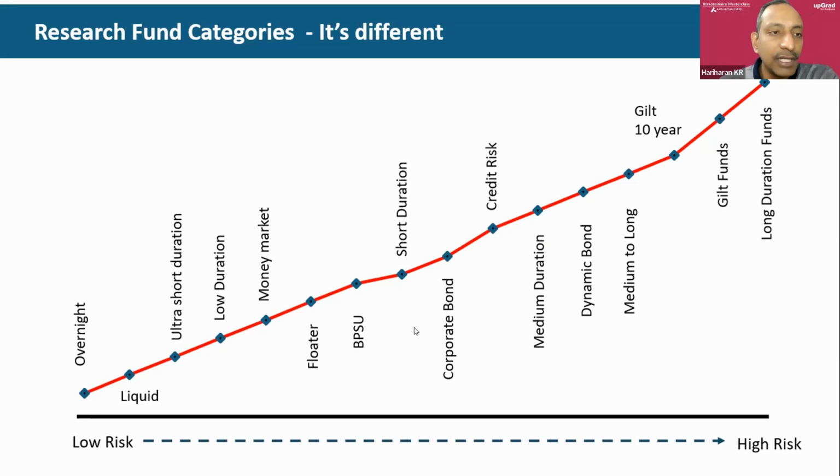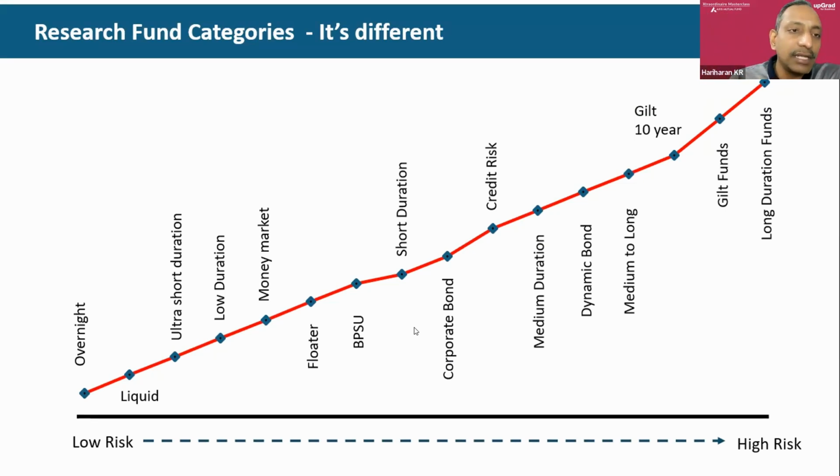FlexiCap is very close to multi-cap. The advantage with FlexiCap is that the fund manager can shift between large, mid, and small, right? So he has the flexibility to move between large, mid, and small. In multi-cap, the fund manager compulsorily has to put 25, 25, 25 in large, mid, and small, and maintain that minimum percentage.